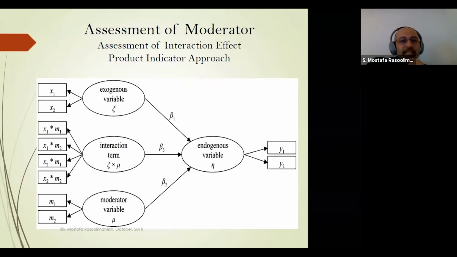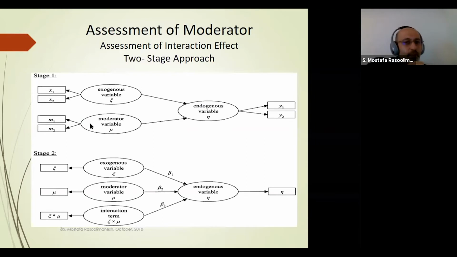Another method is two-stage. In the two-stage approach, we calculate the score of the latent variable. After calculating the score, we have only one item, one indicator for IV and one indicator for DV. Here we can see the score of IV and score of DV. So the interaction term is 1 multiply 1, one indicator, one item.